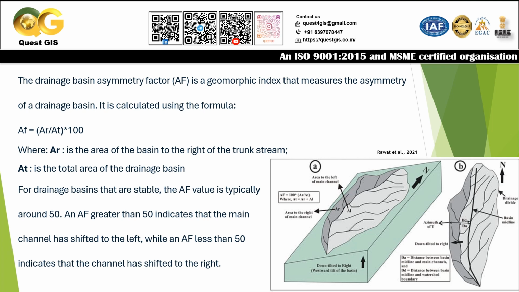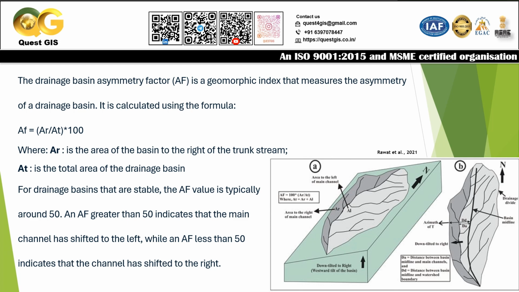That can also cause the tilting of this particular basin. And third, the presence of strike slip fault zones, which again can be related to tectonic reasons. I think this theoretical part is clear with all of you.